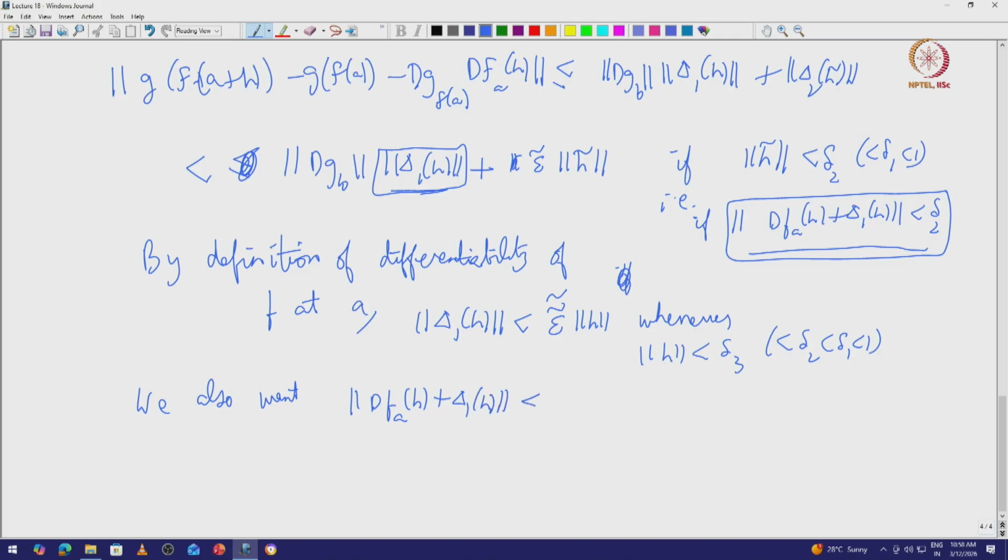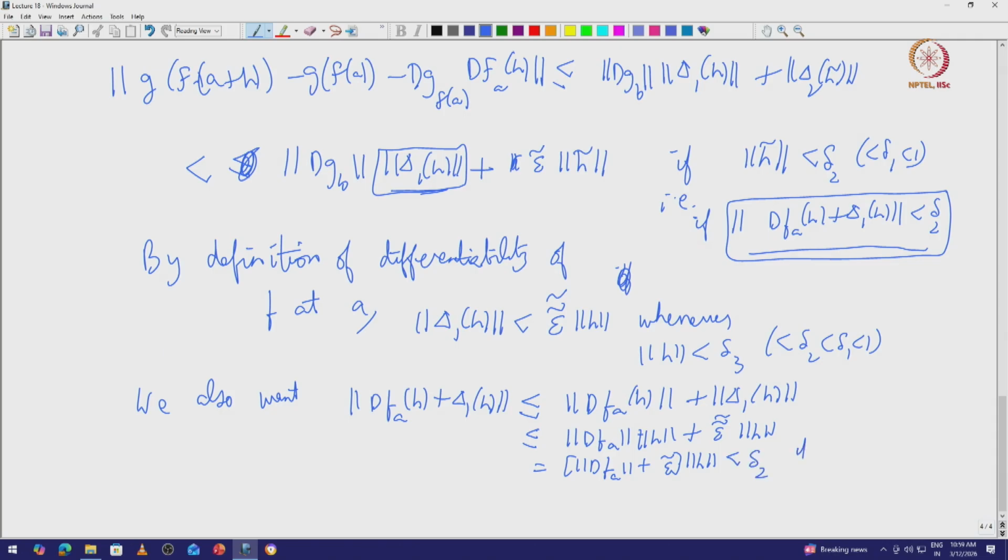So, this is less than, by the triangle inequality, which is further less than this. Which can be assumed to be less than delta 2 if delta 3 is actually chosen so that this is going to be less than 1.